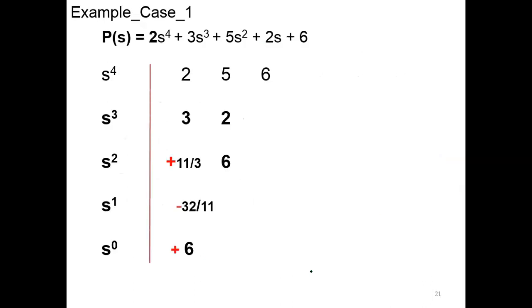Let's take another example. We have solved our Routh table by the method as discussed earlier. We just solve this first column.